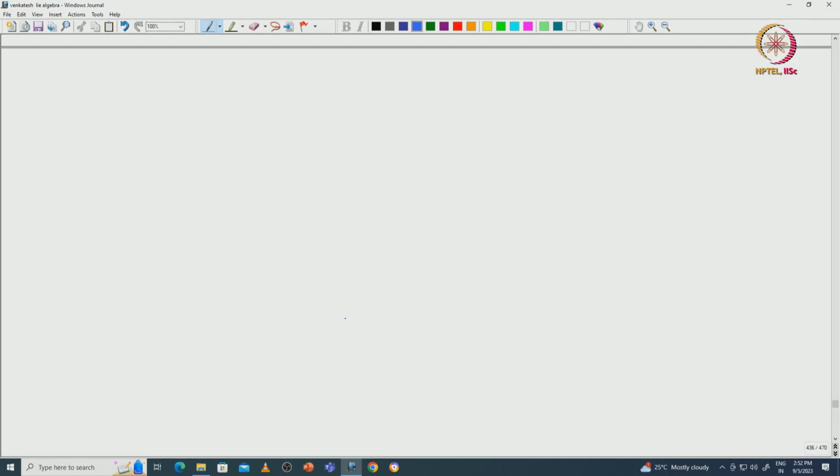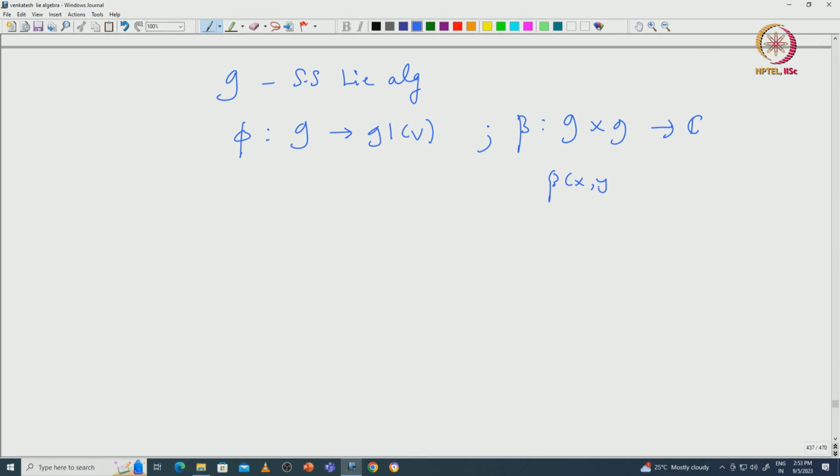We started with a faithful representation, G being a semi-simple Lie algebra, from G to GL of V. Using this representation we defined the bilinear form beta from G cross G to C, given by beta of x comma y equal to trace of pi of x composition pi of y, for all x, y in G. Then we observed that this beta is a non-degenerate symmetric bilinear form.